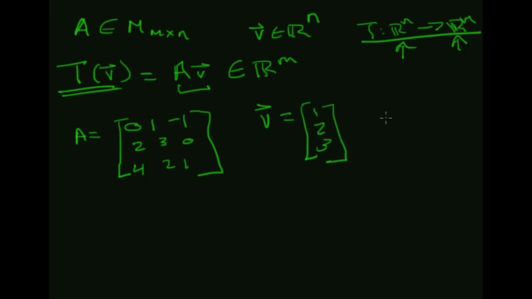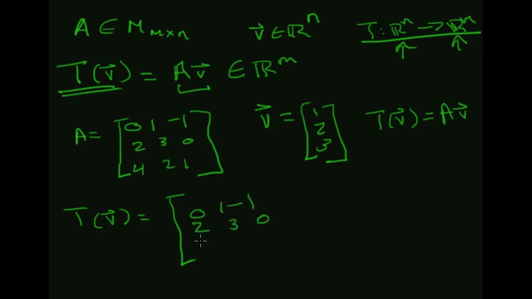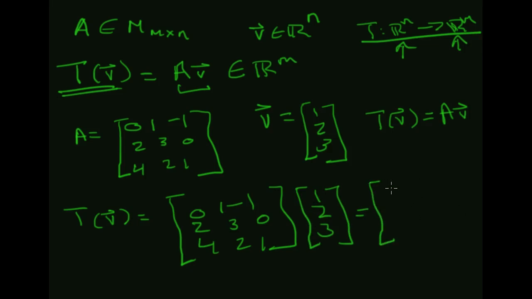If T of v is equal to A times v, then T of v is the matrix times the vector 1, 2, 3, and you can work out that multiplication, and you're going to find that this gives me negative 1, 8, 11. So matrix eats vector and returns vector.